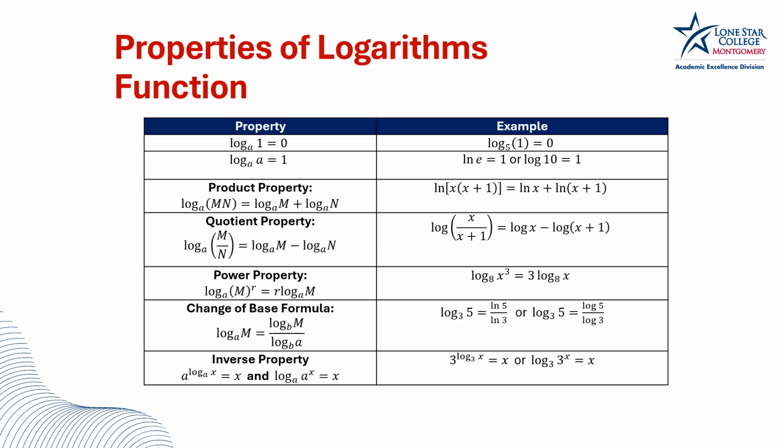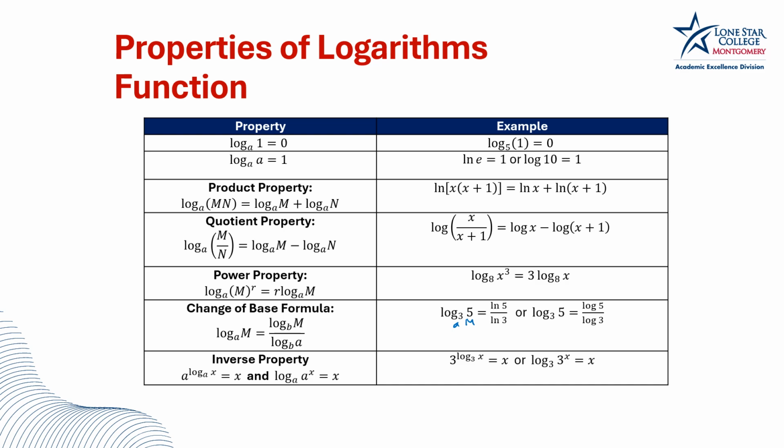So if you're given a situation where we have log base 3 of 5 and you can't calculate that, what you would do is you would say your base is a, and this is our m. Then you can rewrite this as some known log function, either a natural log or log base 10. You can write it as ln of 5 over ln of 3, or log 5 divided by log 3 in order to calculate it.